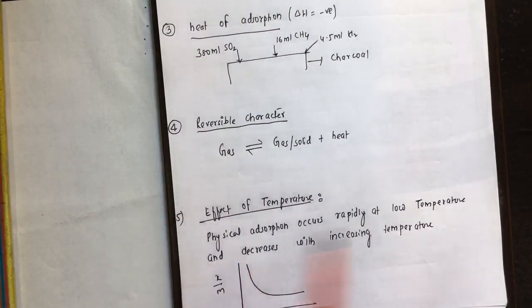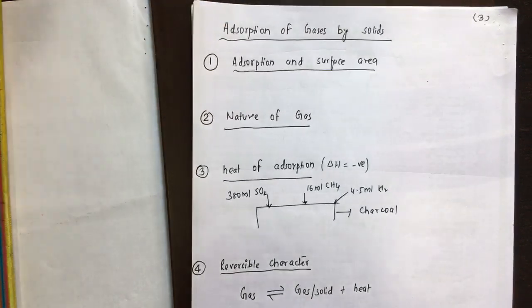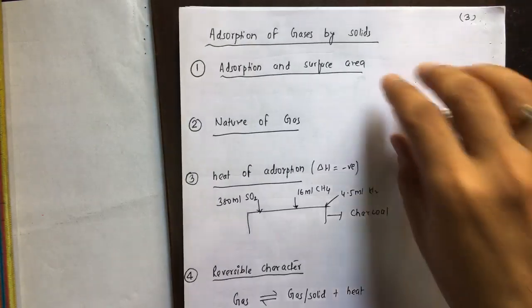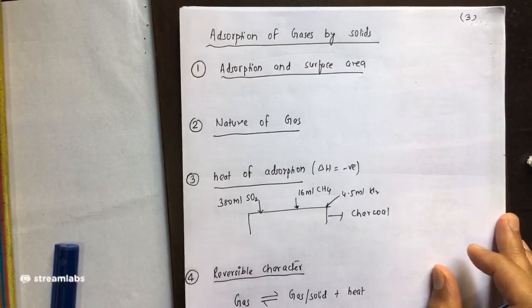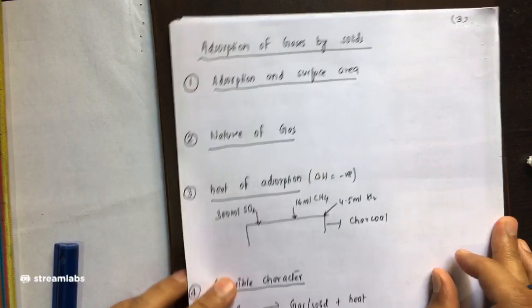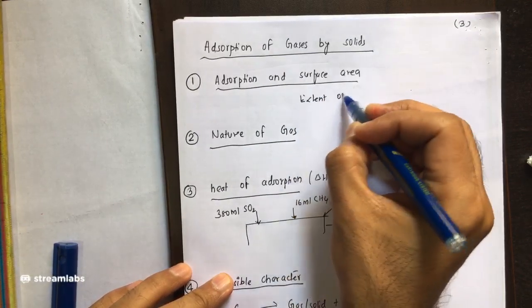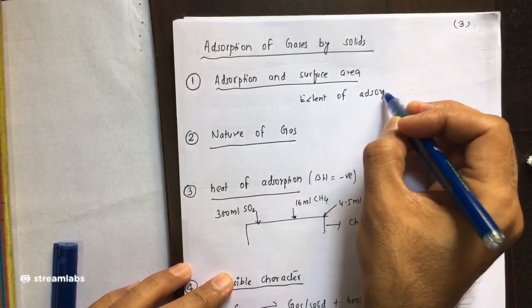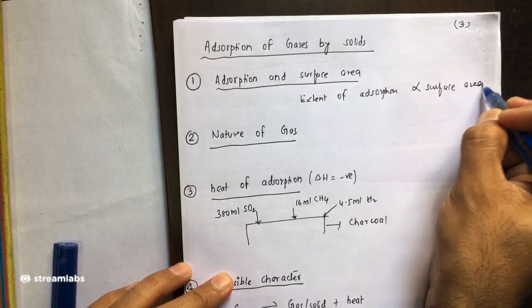Next we come to adsorption of gases by solids. So when you talk about the adsorption of gases by solids, what is the important thing? The first point we come to is adsorption and surface area. By more the surface area, more is the extent of adsorption. So extent of adsorption increases with what? Surface area. So you can say that extent of adsorption is directly proportional to surface area.